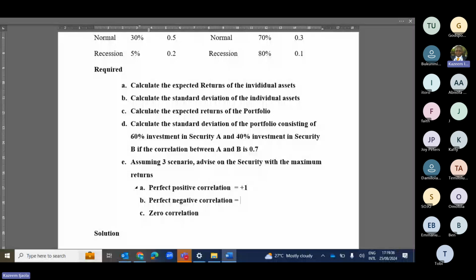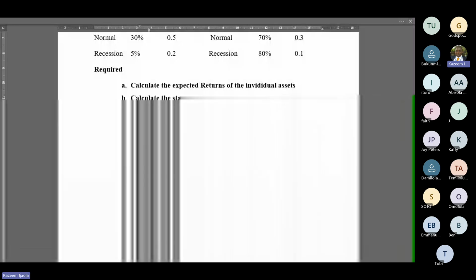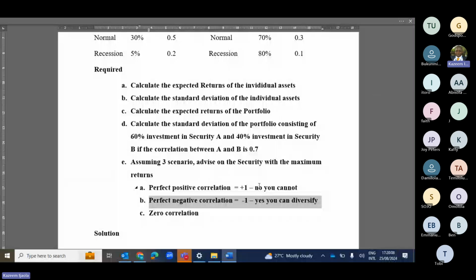Here, no, you cannot. Perfect negative means that is where you can diversify. You can take advantage, just like arbitrage, because as one investment is going up, the other one is coming down, so you can quickly swap.